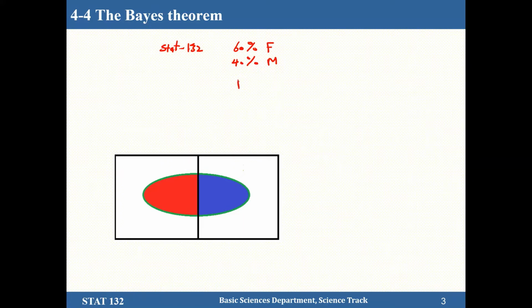Say B is student got success in statistics. B belongs to S. S is our class. So our class consists of male and female: 0.6 for female, 0.4 for male.